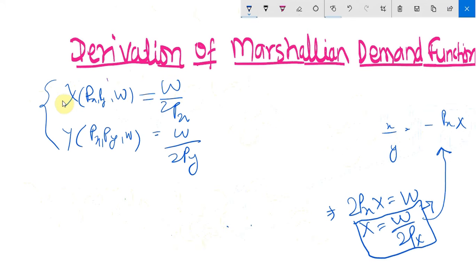These two are called the Marshallian demand functions for the x and y commodities.